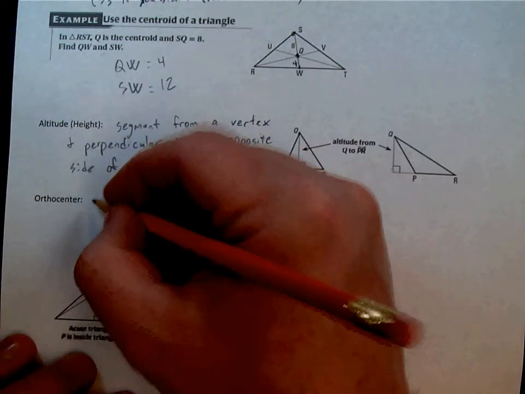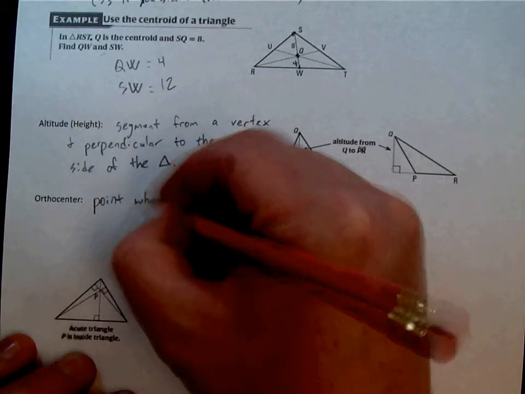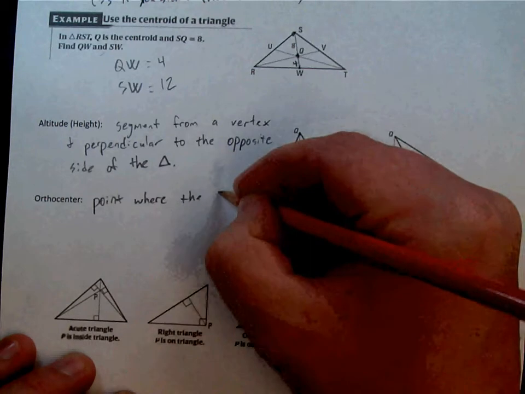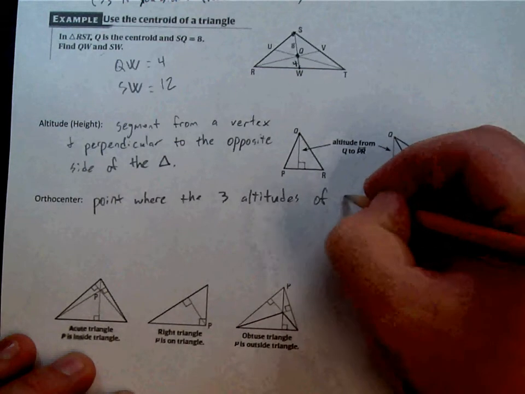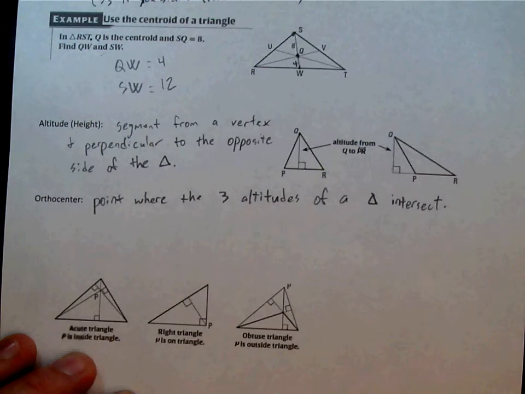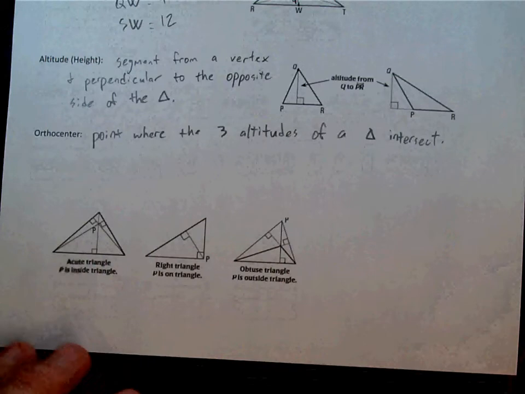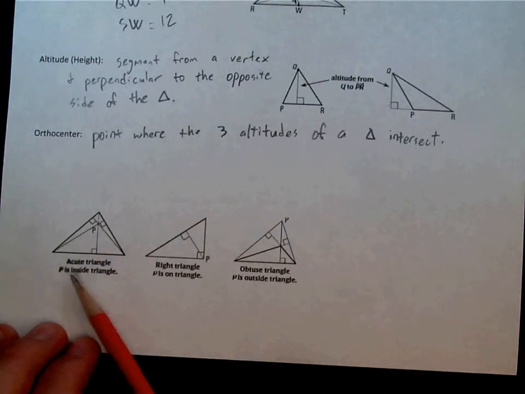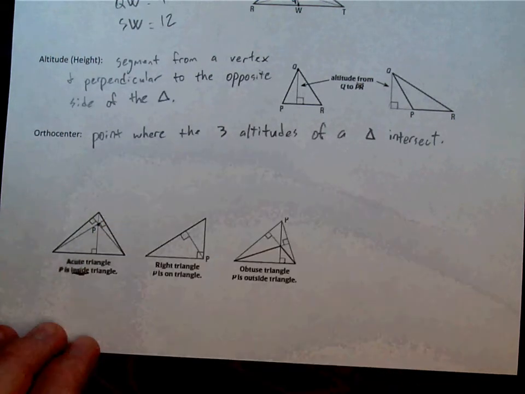The orthocenter is the point where the three altitudes of a triangle intersect. We don't really have anything too special to say about an orthocenter. It's not like it's halfway, and it doesn't create any bisecting or anything like that. But you can see in this picture that if it's an acute triangle, the orthocenter happens to be inside the triangle.